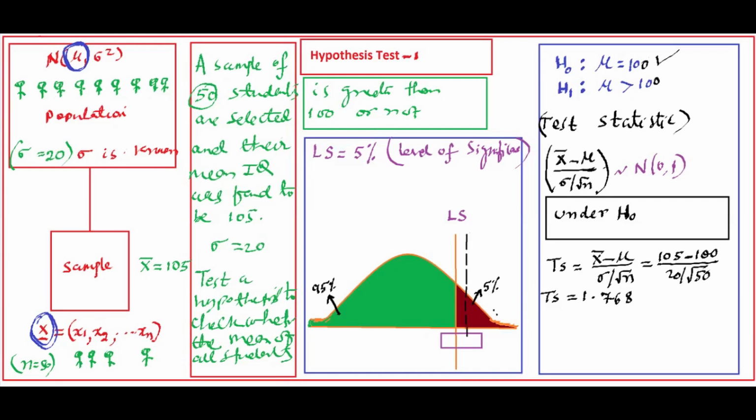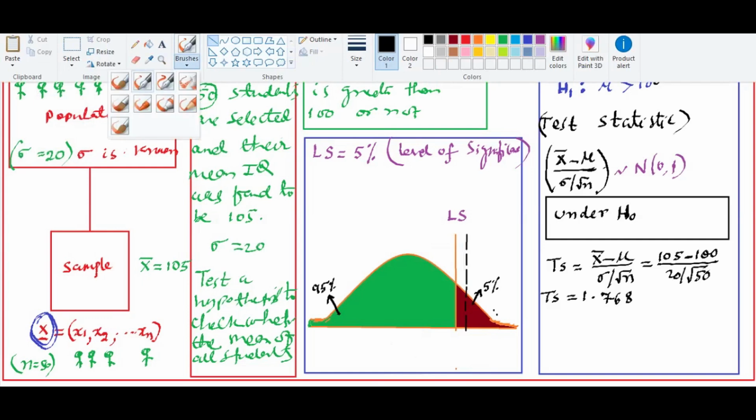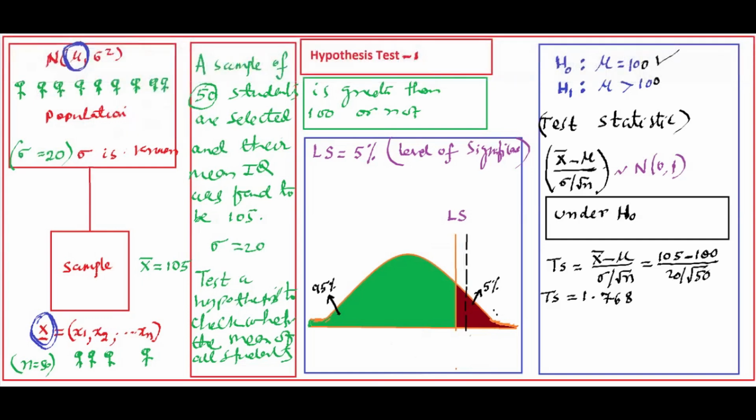If it goes outside, okay, let me cut this one also. So if you write like this, because this number is greater, so if you write this value 1.768, that is greater than 1.6449.